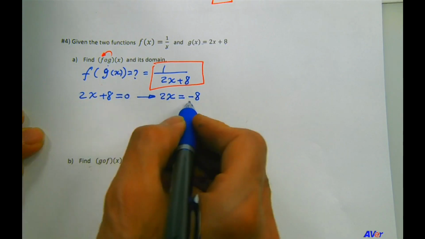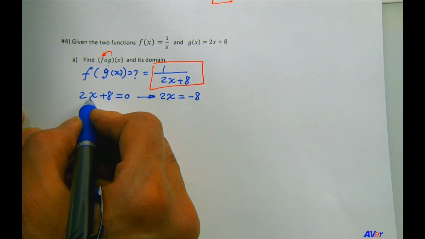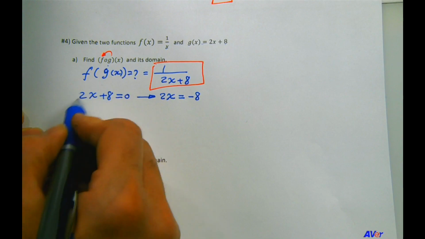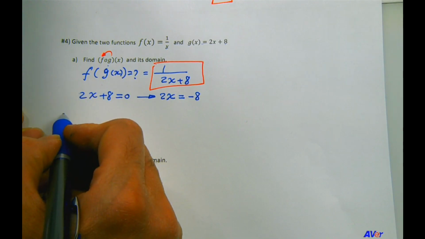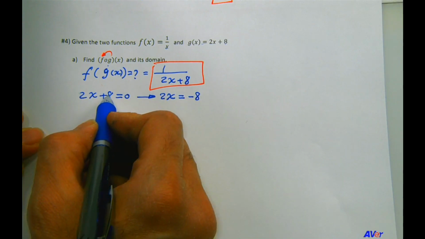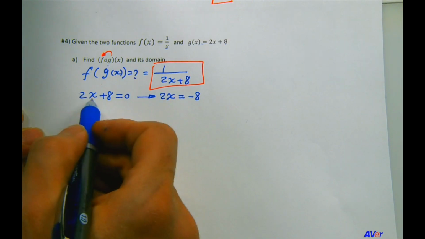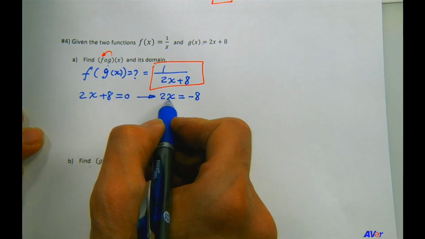Why am I doing this? Because we're solving for x, and solving means isolating the variable. So I need to get rid of this 8, and I need to get rid of this 2. The first step, I move 8 to the other side. So x is now a little more isolated than before. It just has 2 next to it now.